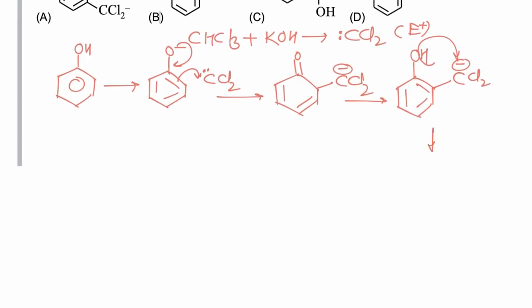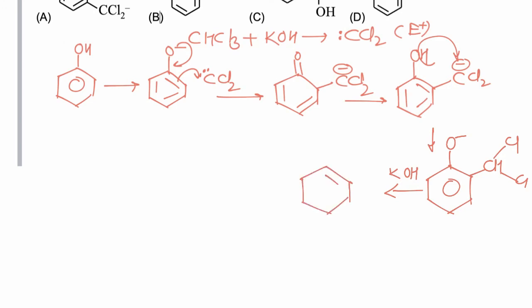So it will further convert to phenoxide ion, O negative, with CHCl2. Now this molecule will further react with KOH to form phenoxide ion and CHCl(OH).